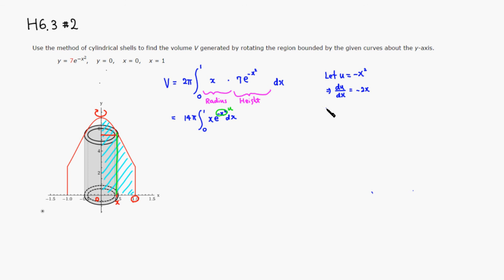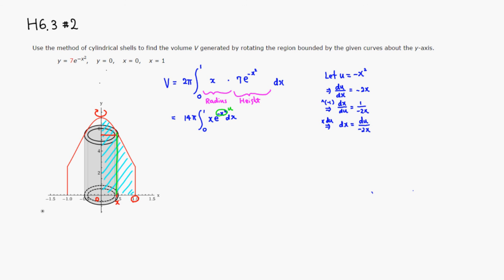Flipping it upside down by taking the reciprocal, we have dx over du equals 1 over negative 2x. Then we multiply through by du to isolate dx, so dx can be rewritten as du over negative 2x.